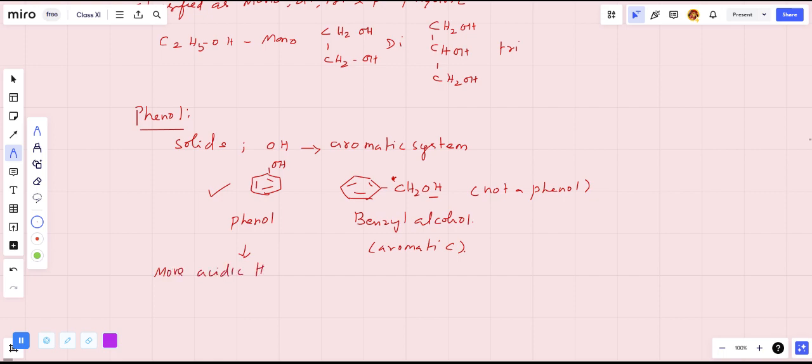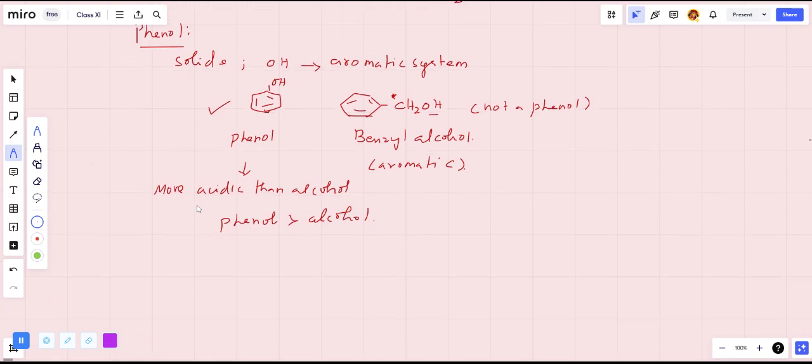So phenol is more acidic than alcohol. So this is about phenol.